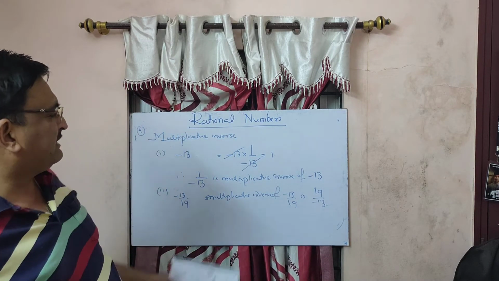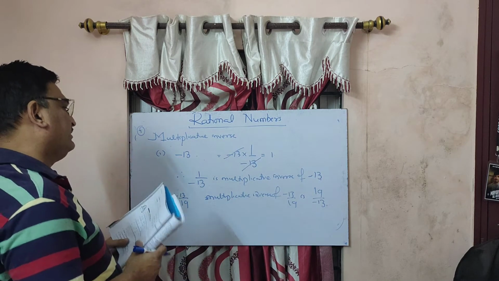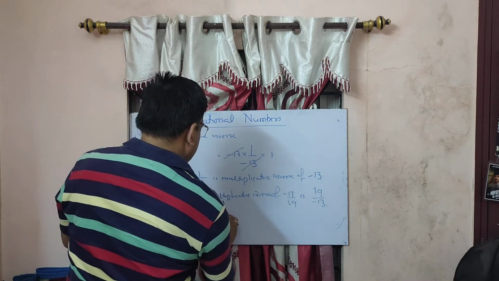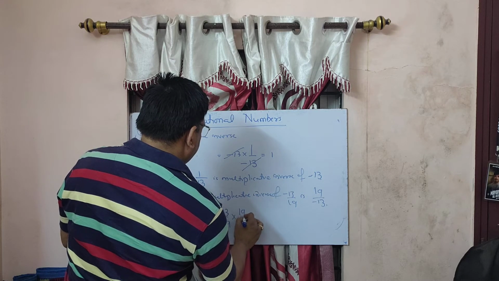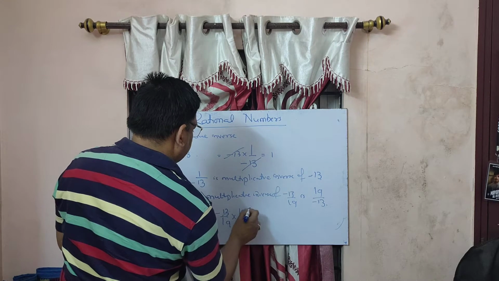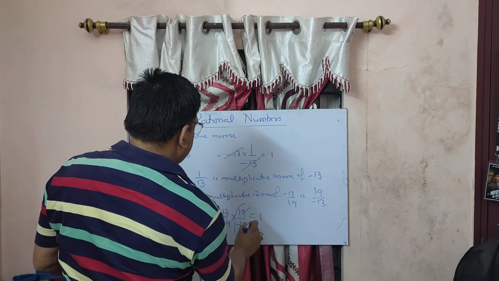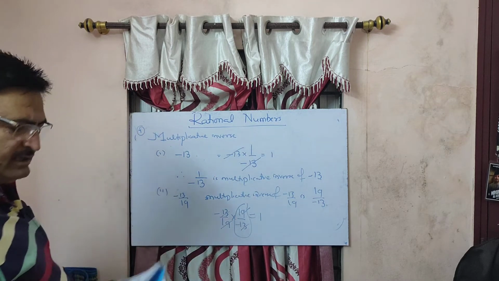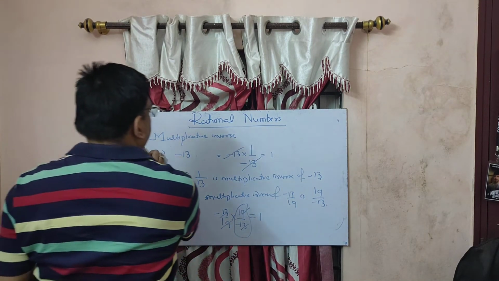If you multiply this and this, you will get 1 only. That is minus 13 upon 19 into 19 upon minus 13. So 13 gets cancelled, 19 gets cancelled, nothing remains, means 1. Therefore, 19 upon minus 13 is the multiplicative inverse of minus 13 upon 19.